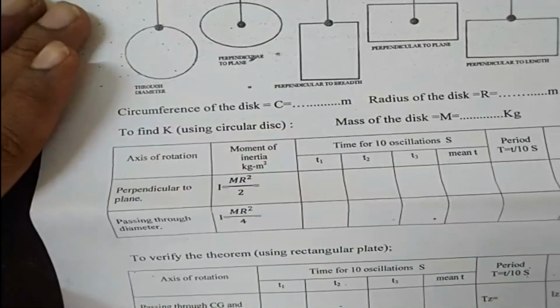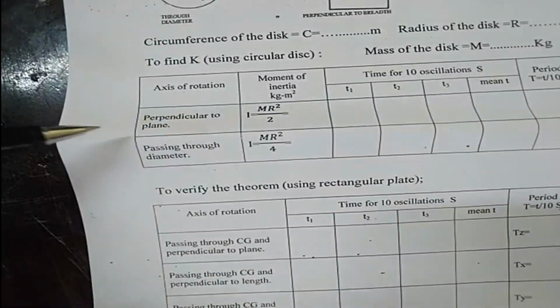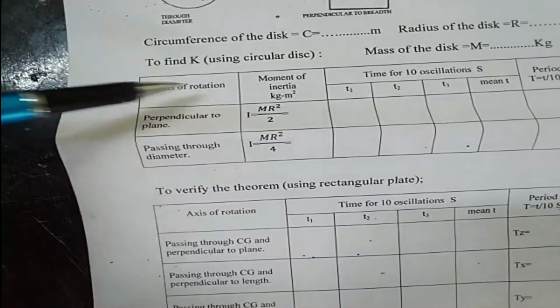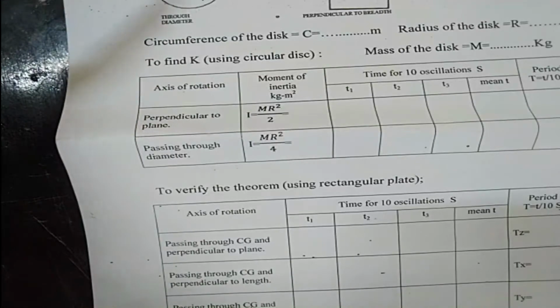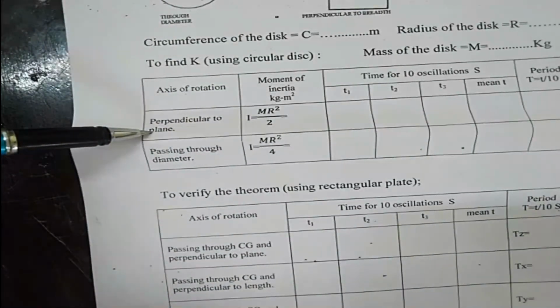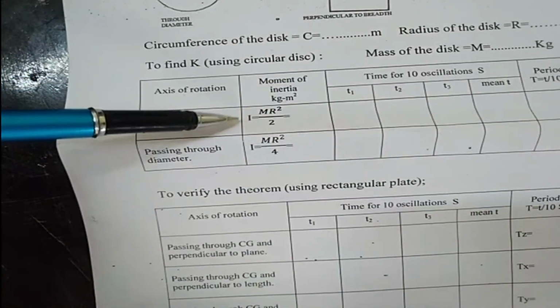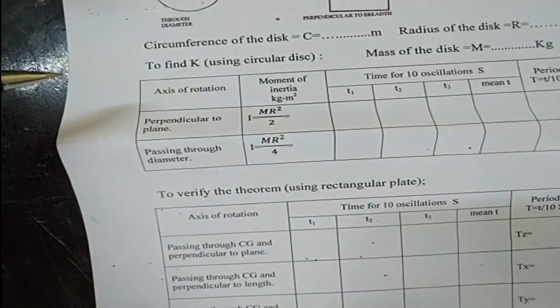Then you consider the two different axes here. The first axis of rotation is perpendicular to the plane. That means the circular body is considered in which the axis of rotation is made perpendicular to the plane. In that case moment of inertia is given by I equal to mr square by 2.